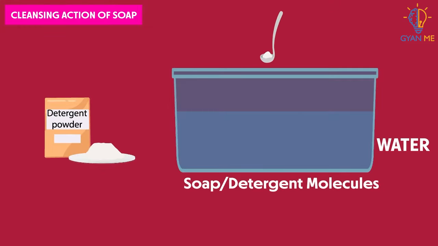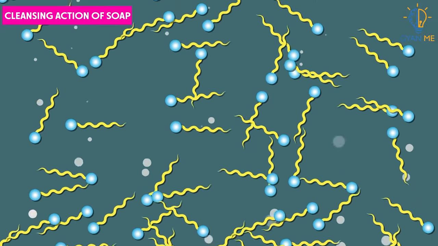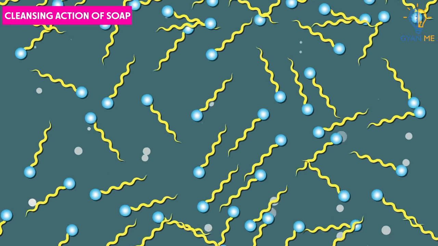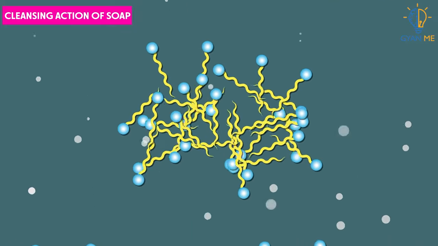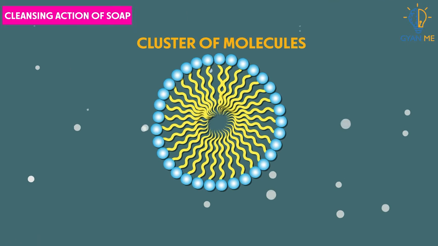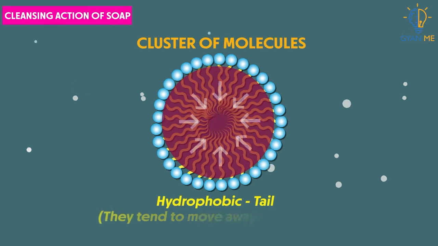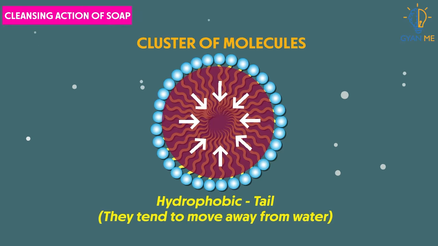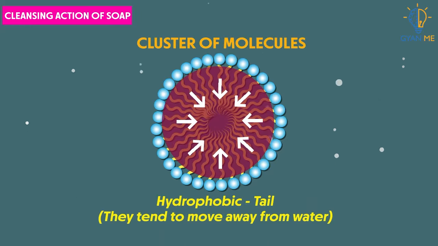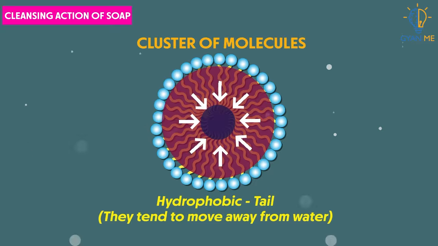When a soap or detergent made up of many such molecules is dissolved in water, these molecules align themselves in a particular manner. And why is this so? Correct. As tails are hydrophobic, they tend to move away from water and come near each other to form the core, which keeps them away from water.